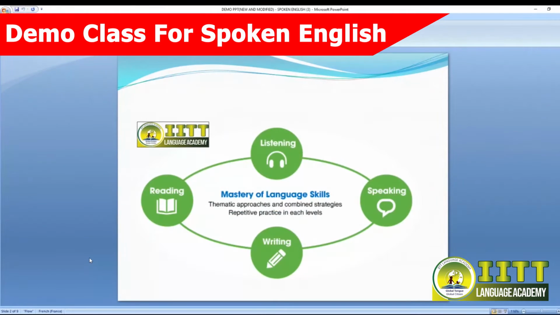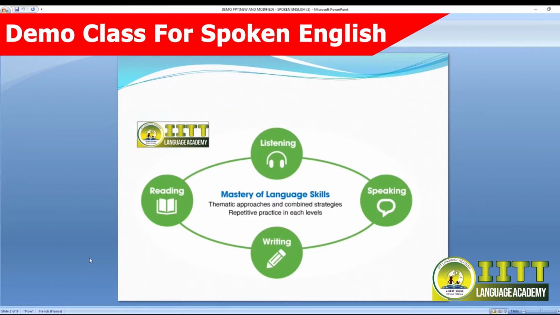Now, first, we are talking about the parts and sections of learning a language and the way we teach a language in IITT Language Academy. So, here, see the picture. We have 4 parts of every language. One is listening.